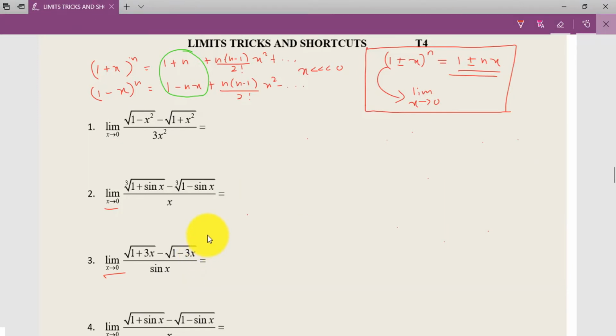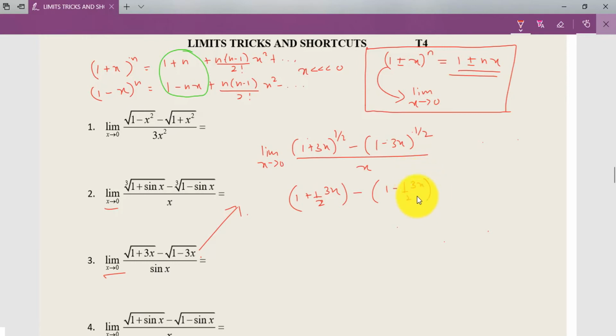Now coming back to the third problem. It is limit of x tends to 0 of (1 plus 3x)^(1/2) minus (1 minus 3x)^(1/2), the whole divided by sin x. Writing this in binomial form, it is 1 plus 1/2 into 3x minus 1 minus 1/2 into 3x, divided by sin x, which is 1 plus 3/2 x minus 1 plus 3/2 x divided by sin x.